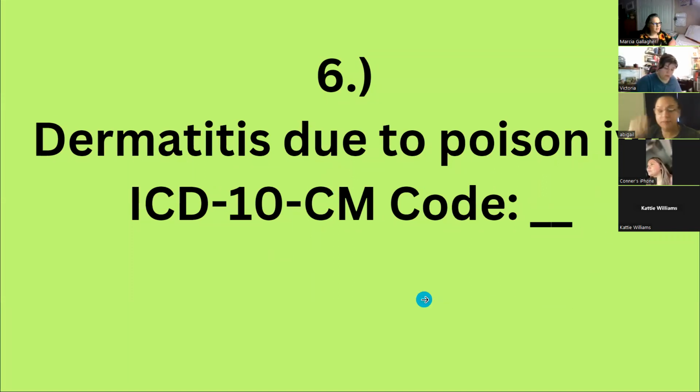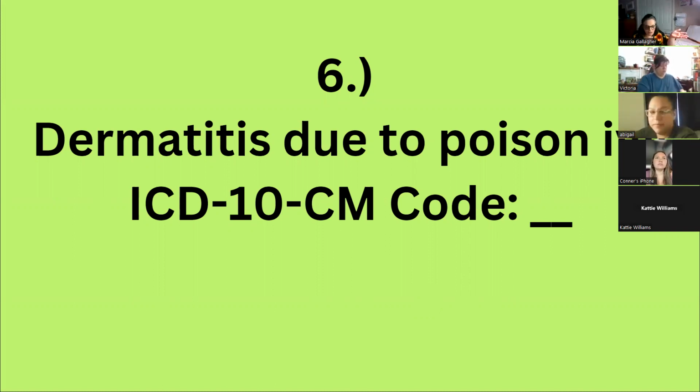Dermatitis due to poison ivy. Now listen, if it were a perfect world, we would be able to go to dermatitis, poison ivy, right? This is not a perfect world. Some people are allergic to poison ivy, some people are not. What is poison ivy? It is a plant.